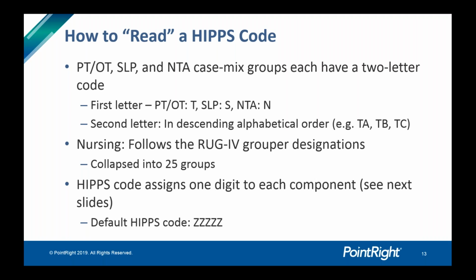The PT/OT, the speech, and the non-therapy ancillary case mix groups, when you determine that case mix group, will have a 2-letter code. The first letter in that code for PT/OT is always going to be a T. For speech, it's always going to be an S. And for NTA, it's always going to be an N. Now that makes sense. That's not going to last forever though.